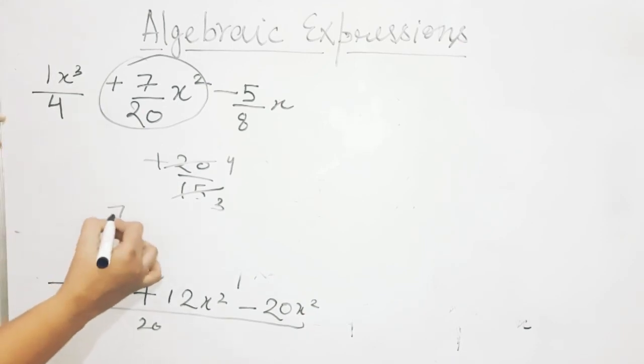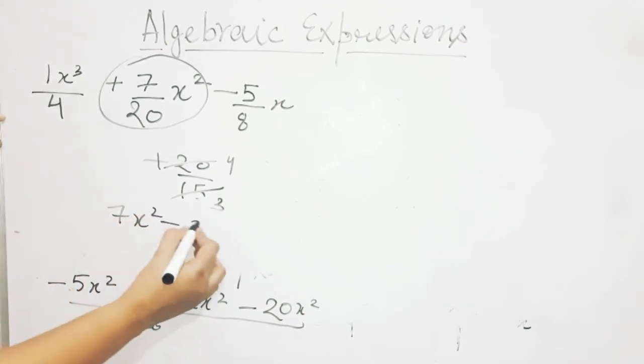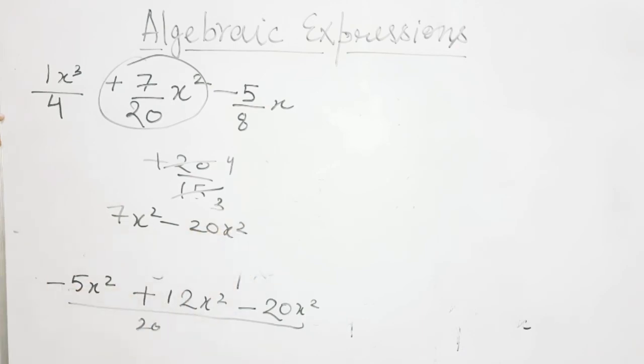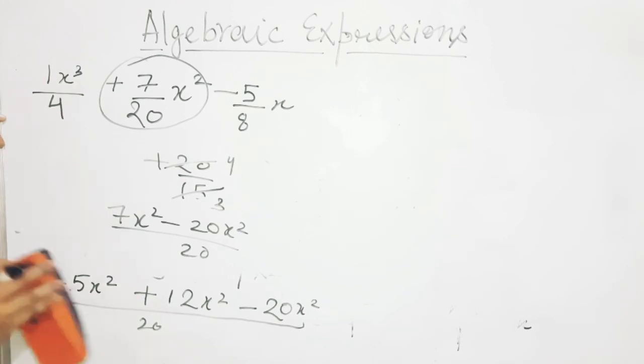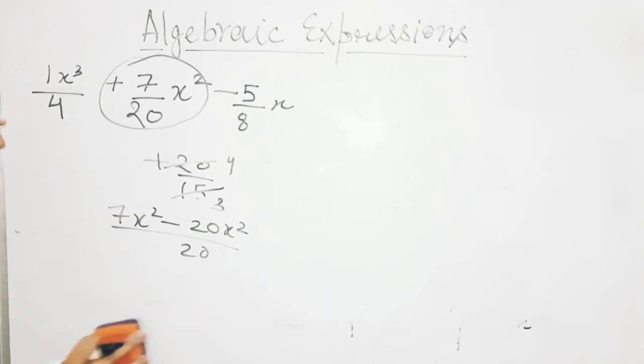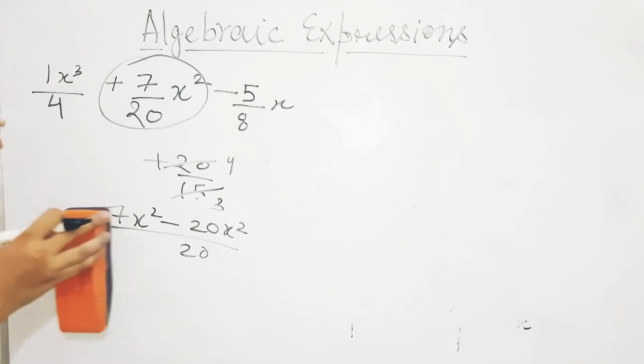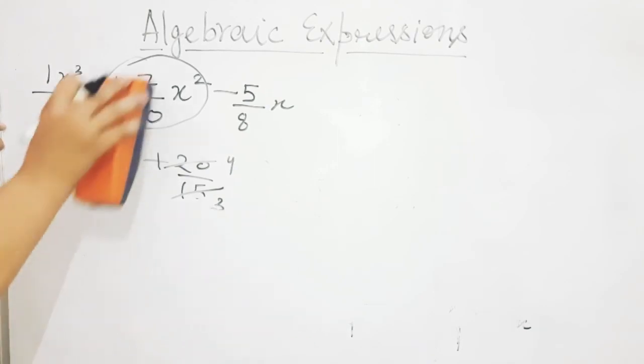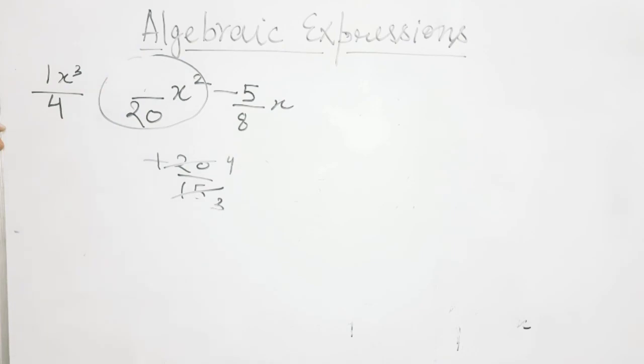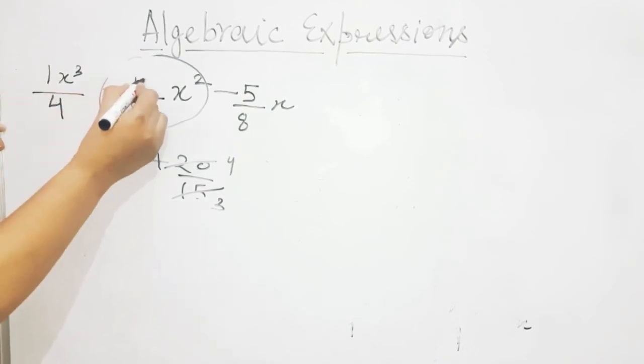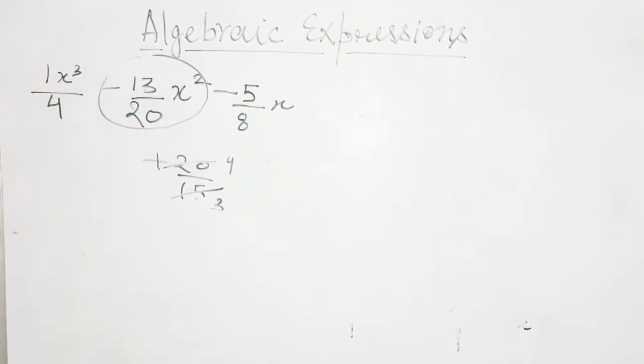So here it will be 7x square minus 20x square upon 20. This much is remaining. Now 7 minus 20, plus minus minus and sign of the greatest number. So 20 minus 7 is 13, so it will be minus 13 upon 20x square.